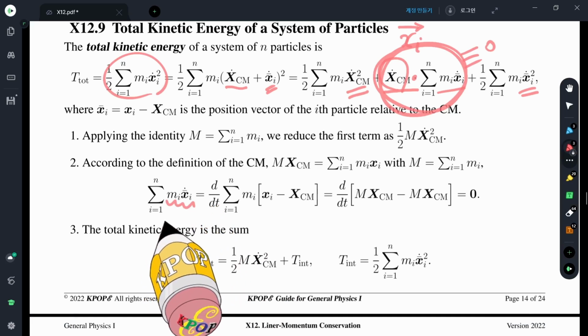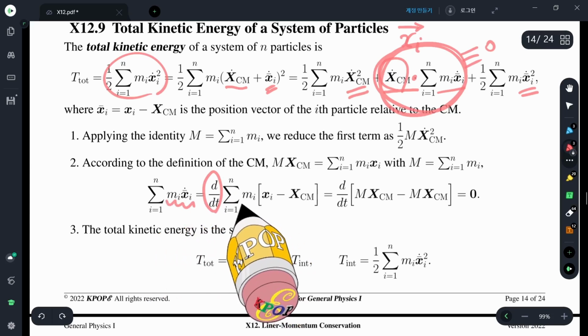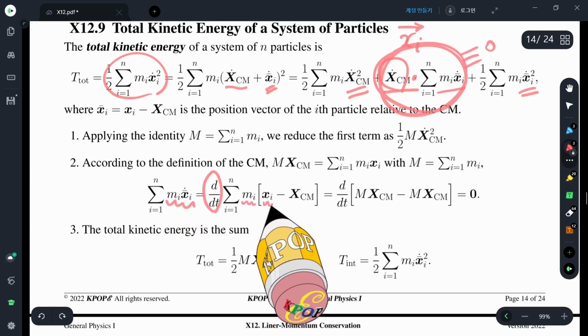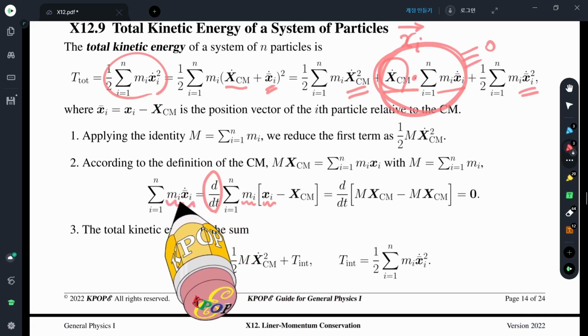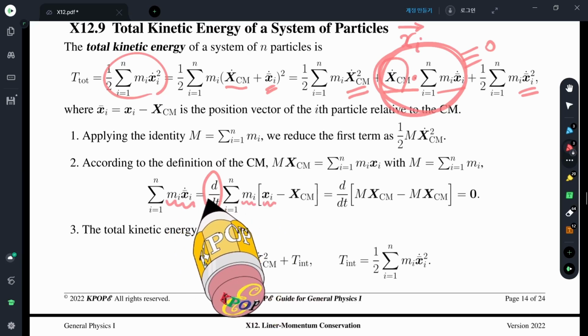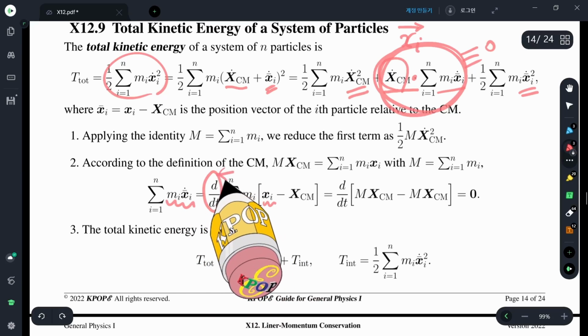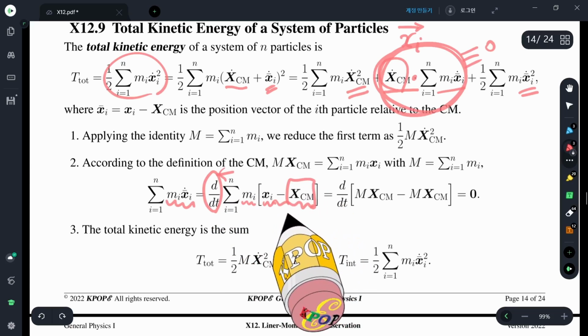mi xi bar dot, I can pull this time derivative out. Then it is mi xi bar, and this is the relative position, since the derivative is the relative velocity. After pulling out the time derivative, it is the relative position relative to the center of mass.